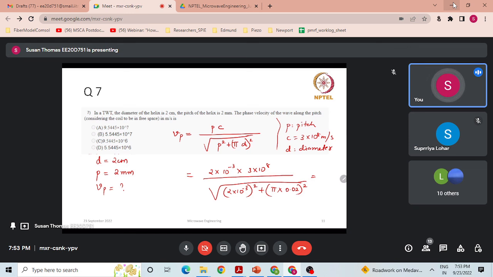I'm not giving the answer. You can try this out and find the answer from the options. This is a direct substitution of the formula for phase velocity, P C by root of P square plus (pi D) the whole square, where P is the pitch of the helix and D is the diameter of the helix. Anybody could get the answer?